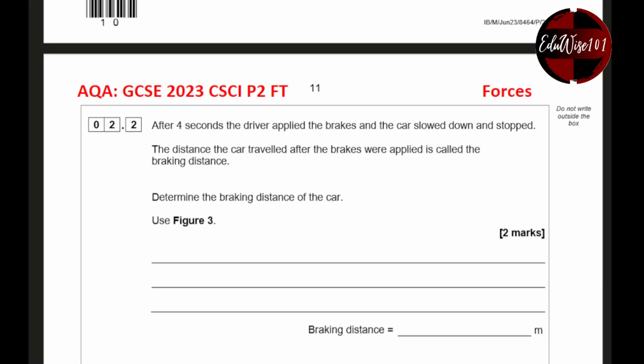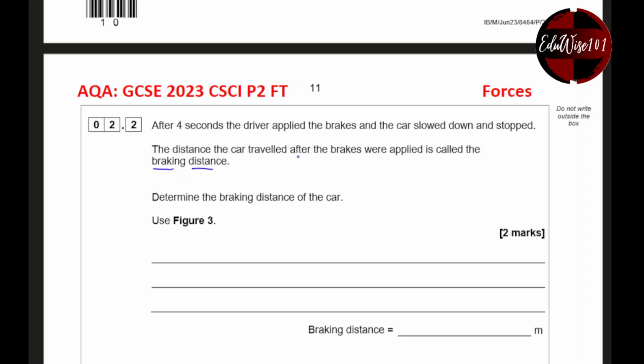After 4 seconds, the driver applied the brakes and the car slowed down and stopped. The distance the car traveled after the brakes were applied is called the braking distance. Determine the braking distance of the car. Use figure 3. So let's read that back again.